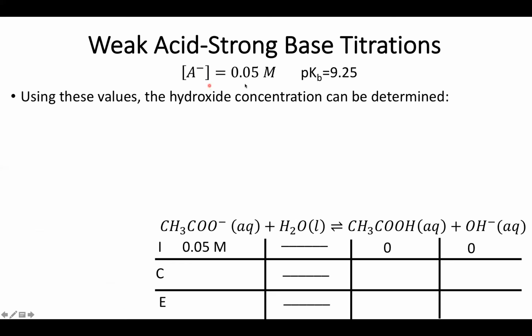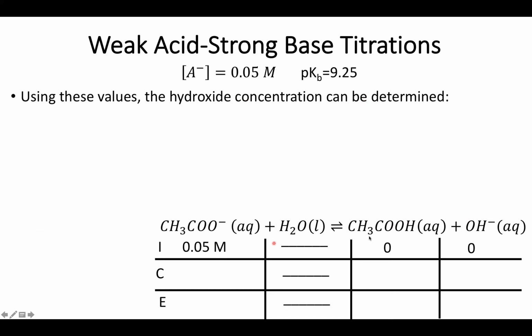Then using these two values, I can generate an entirely new ice table, looking at exactly how much hydroxide is going to be produced from the decomposition of my acetate in what essentially is water. So a good way to think about this is my hydroxide consumed almost all of the acetic acid, but a little bit remains.